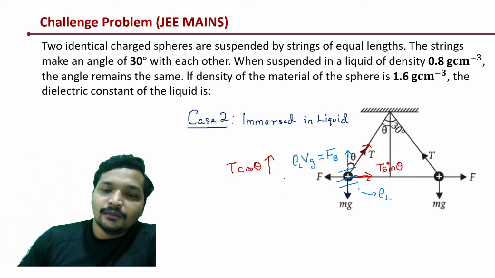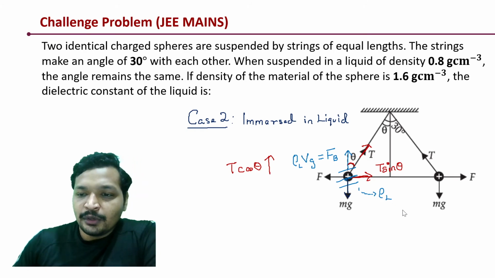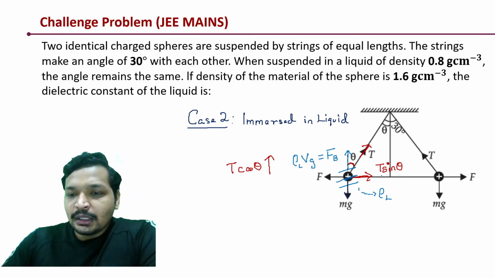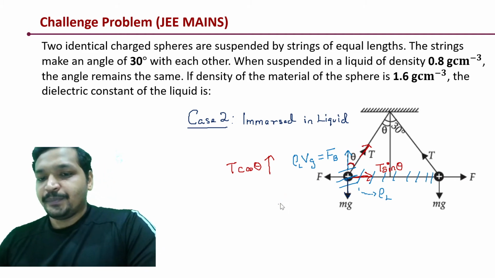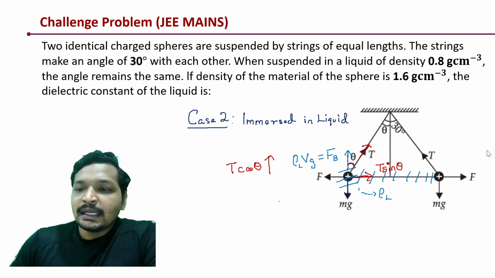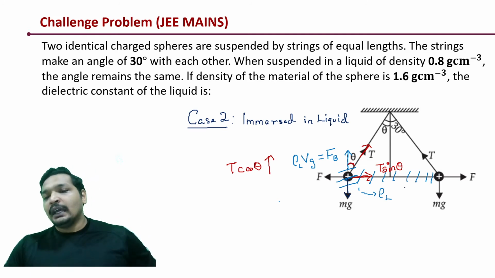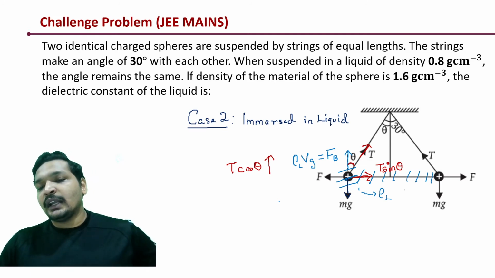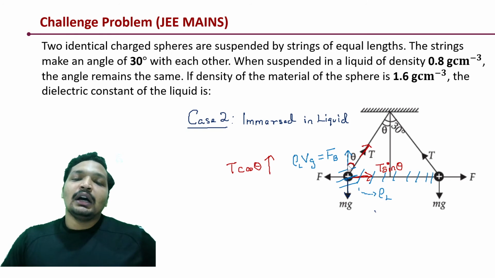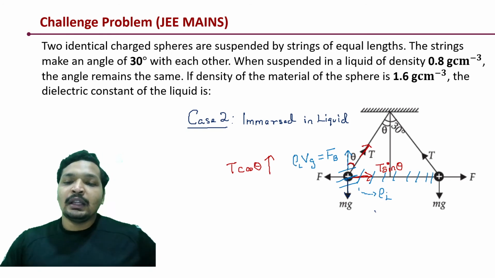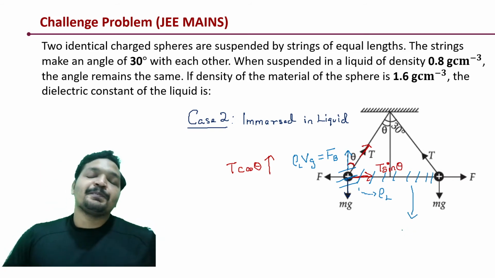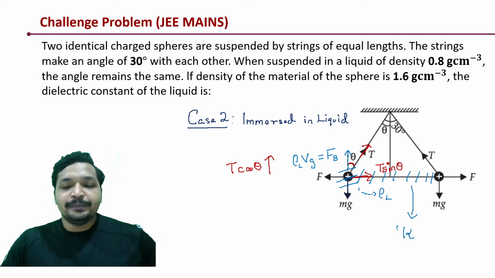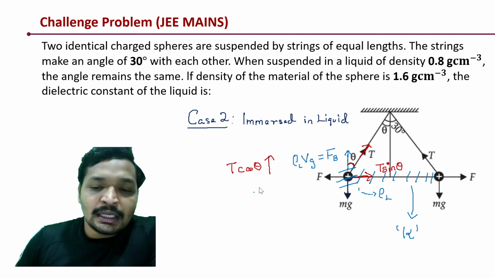Now, we need to understand one more important thing. What is that important thing? Now the interaction between these charges is also influenced by this liquid. Let's say this liquid has not only a mass density of rho L, but it has something like a dielectric constant of K. Then in that case, what happens?